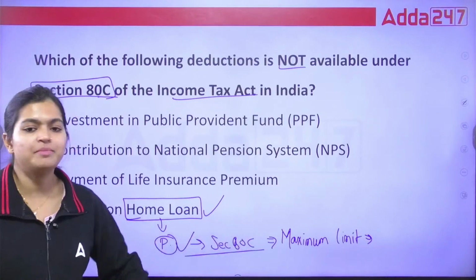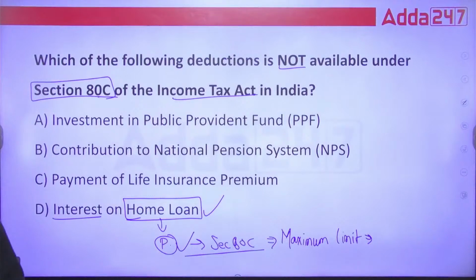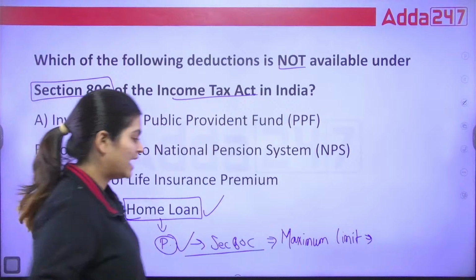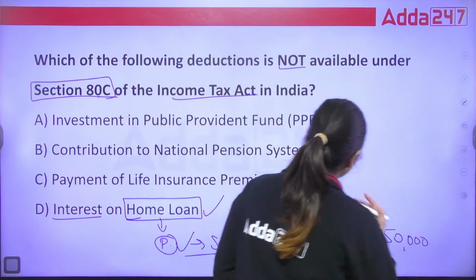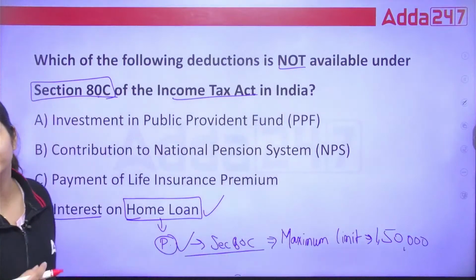Can you tell me what is the maximum limit under 80C? That is your 1,50,000. See, based on the deductions, they can ask you this type of question also.